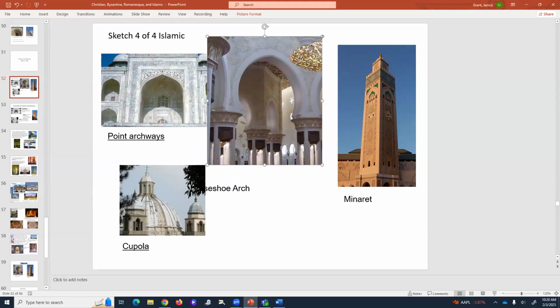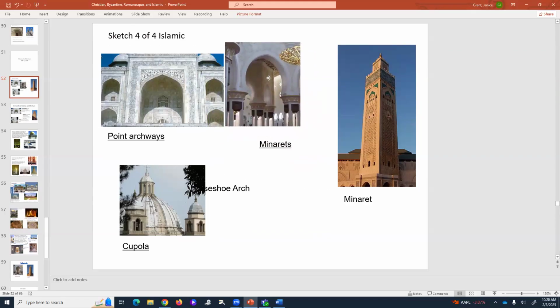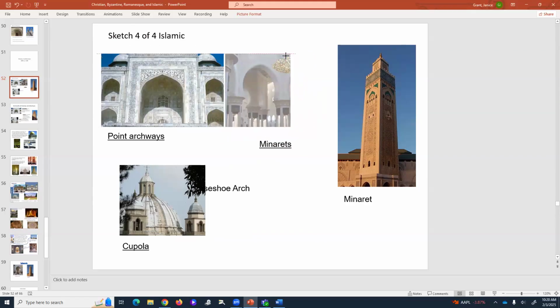So are we drawing all 4 of these? Or just pick one? No, these are going to be 4 different, four quick sketches showing these different elements.